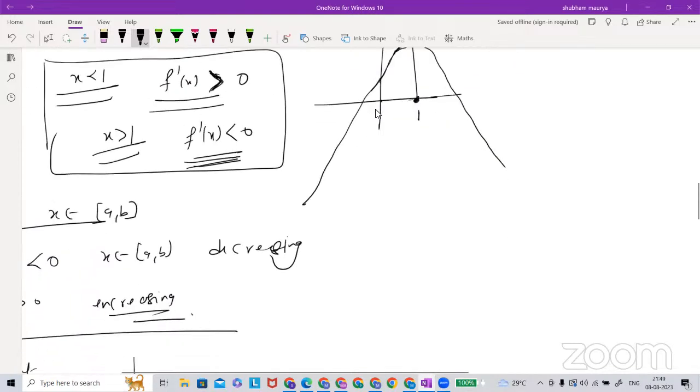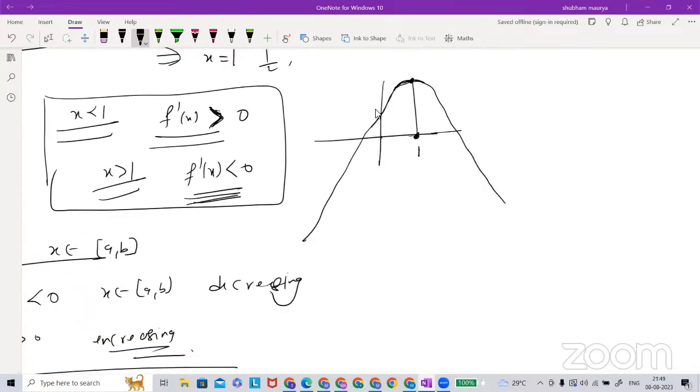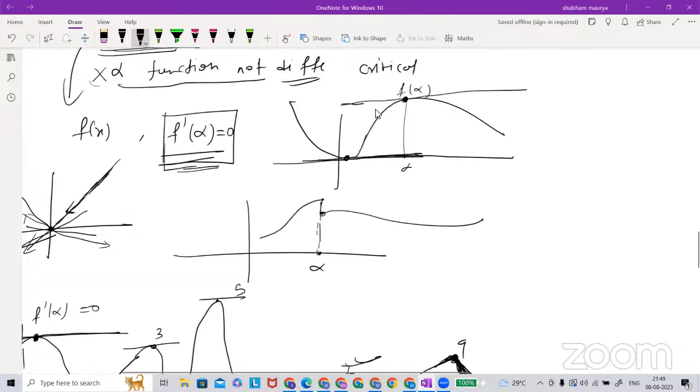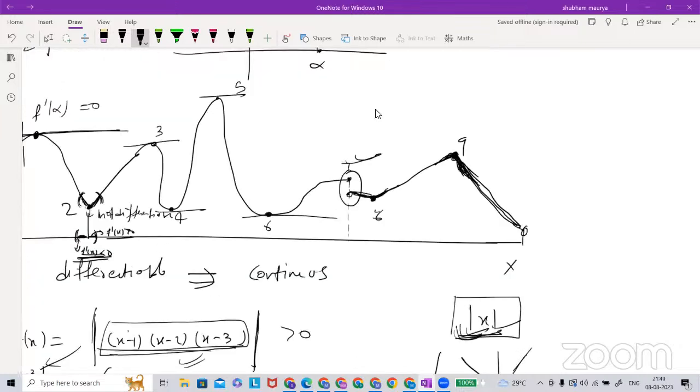Similarly, we discussed here, up to if it is unable to decide, again the double derivative is 0. In that case also you have to take a small interval and check whether in this interval it is increasing, in that interval it is decreasing, and using that you will tell.